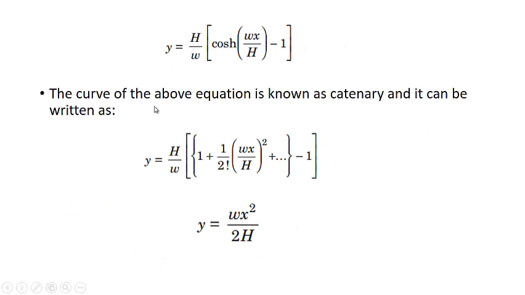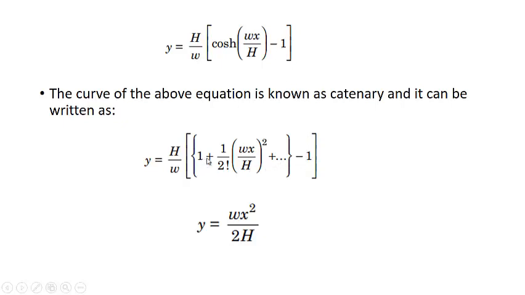Now the curve of the above equation is known as catenary. When we try to find out the curve by varying x and calculating the value of y and plotting them on the xy coordinates, we get the curve known as the catenary curve. So when we expand this cos hyperbolic term, there will be only even terms. It will be equal to 1 plus 1 by 2 factorial wx by h whole square plus all other higher terms minus 1.